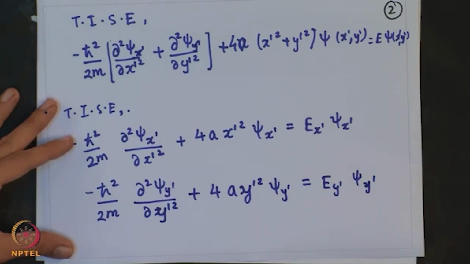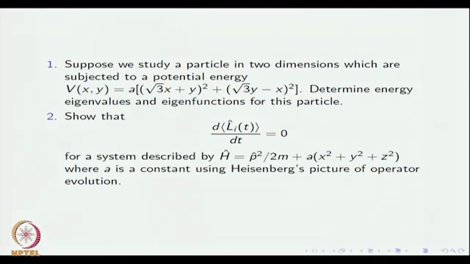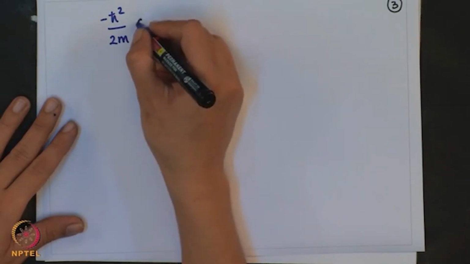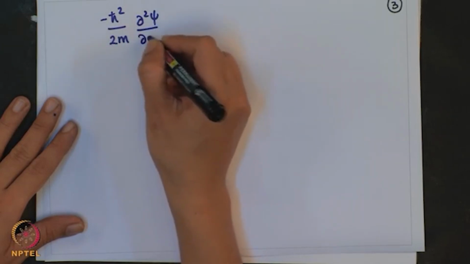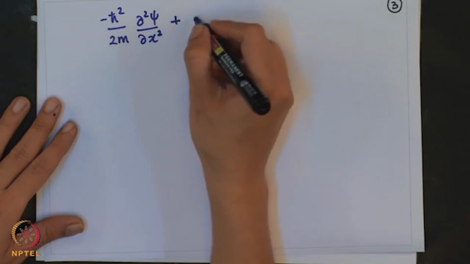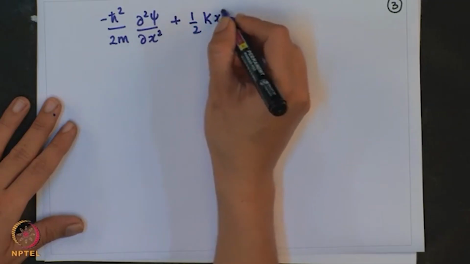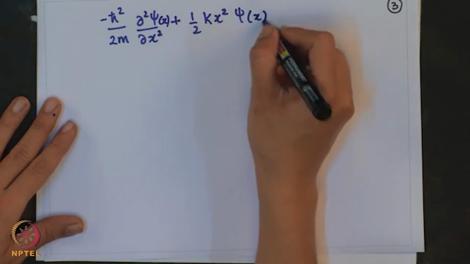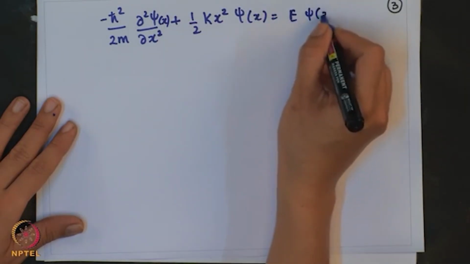Just recall the standard form of the Schrodinger equation for a harmonic oscillator subjected to a potential half k x square, okay, harmonic oscillator potential: half k x square psi of x is equal to E psi of x.